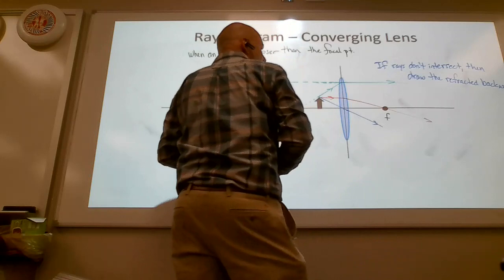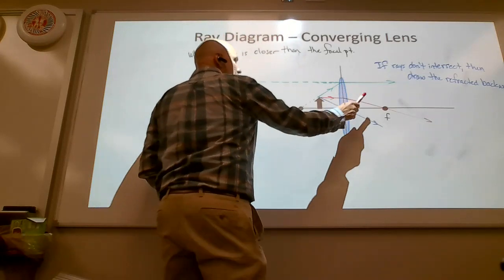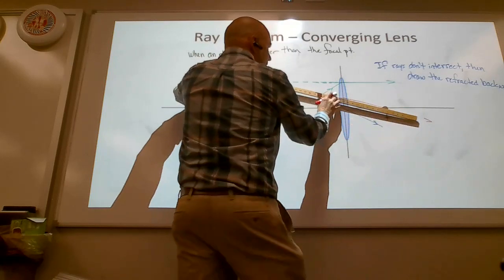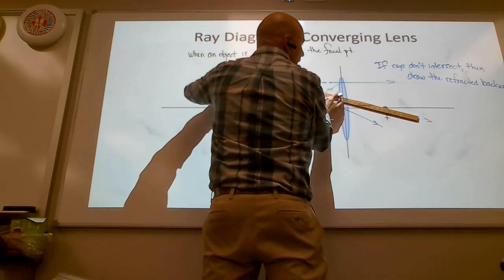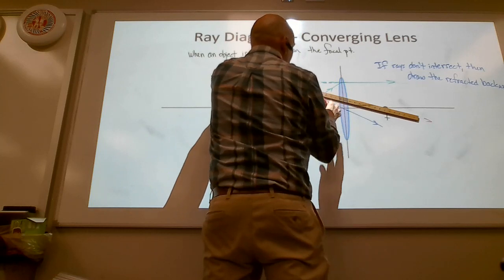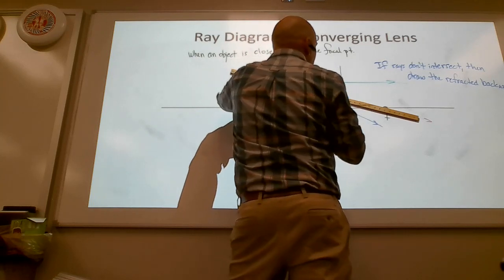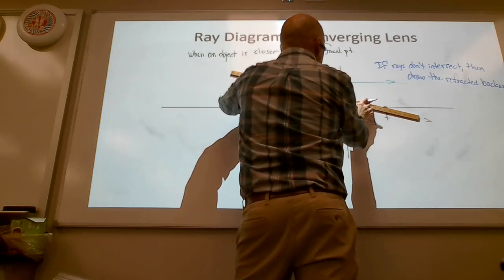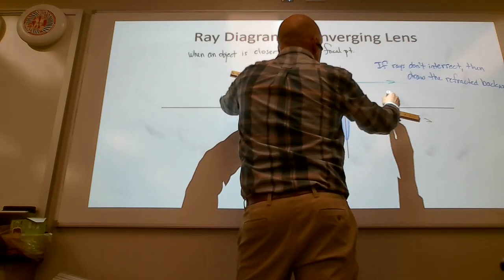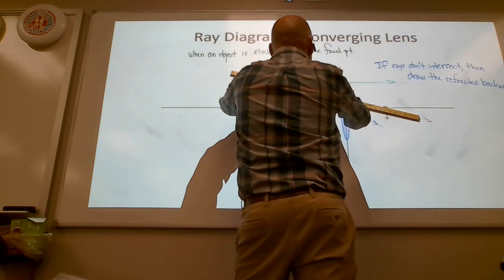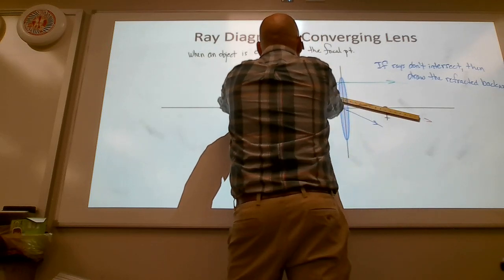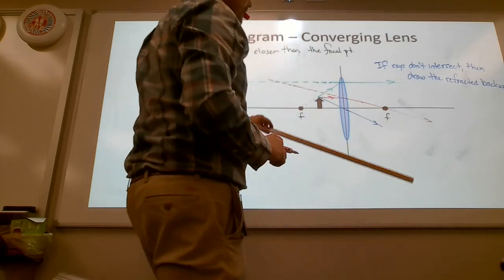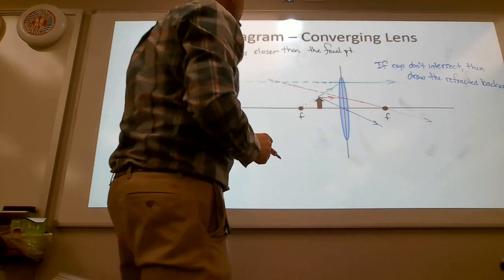Which one is refracted? A or B? B is refracted. So I'm going to extend that backwards using a straight edge. Oh, sad day. Even with a straight edge. That's a sad state of affairs here.